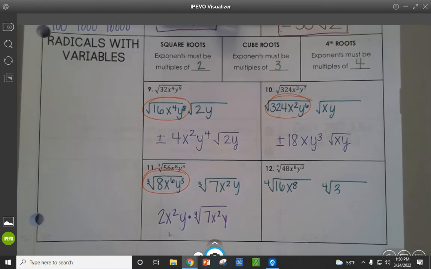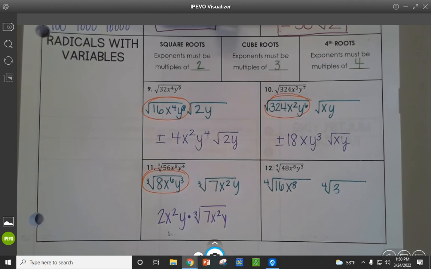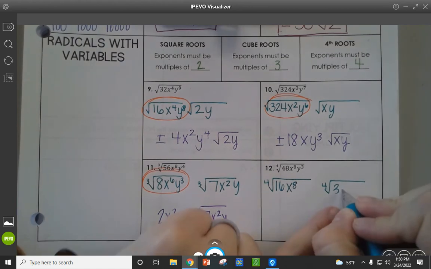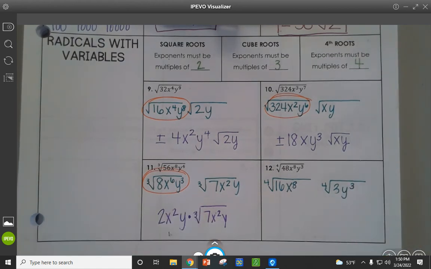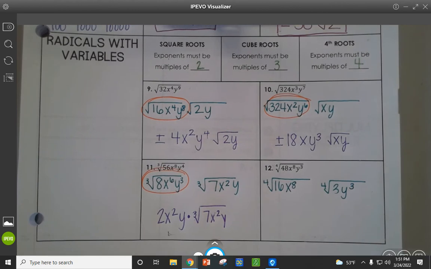Is y to the 3rd power a perfect 4th? No. Can you take any y's out and have a perfect 4th? No. So they're all extras. So the entire y cubed goes to my extras side.